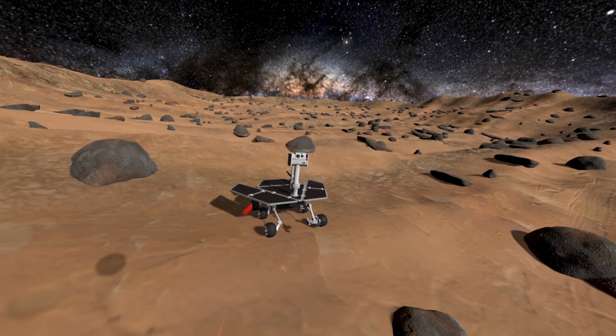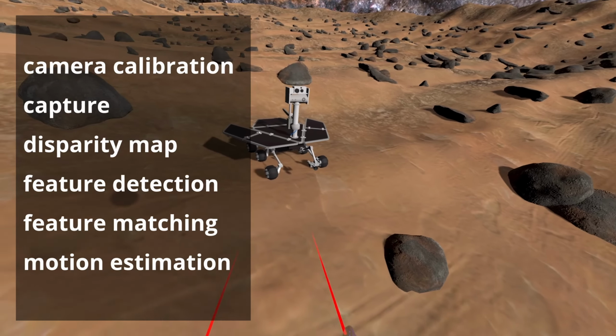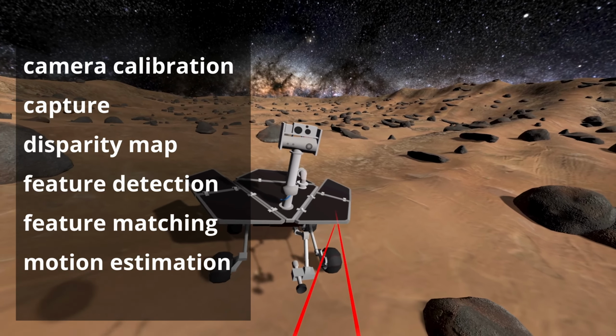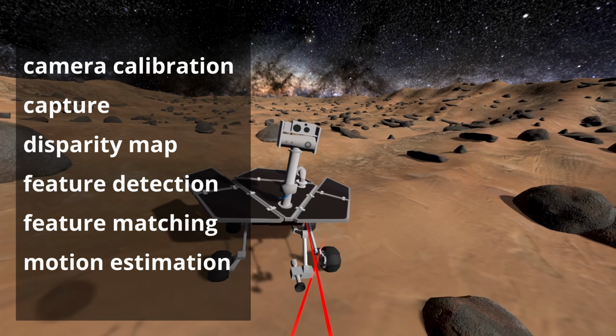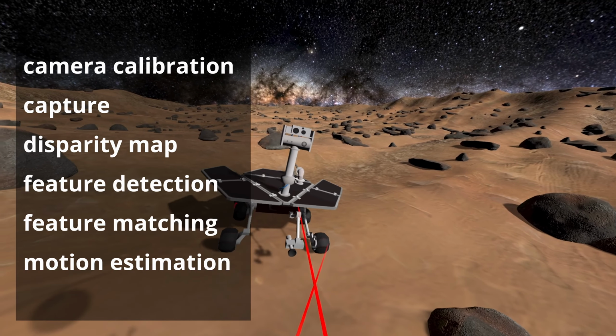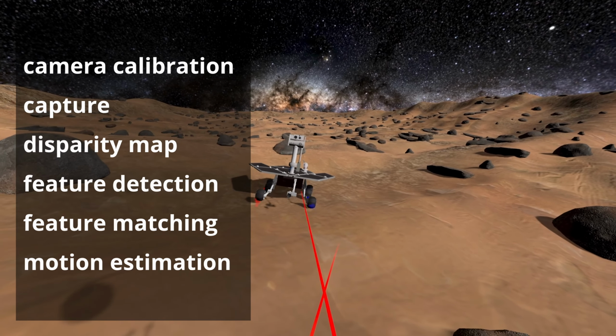As a very rough first overview, we can separate the visual odometry algorithm into multiple steps. First of all, we have to calibrate the camera images, because with a distorted image, we cannot do any accurate motion estimation. Then, of course, we have to capture images from the cameras.